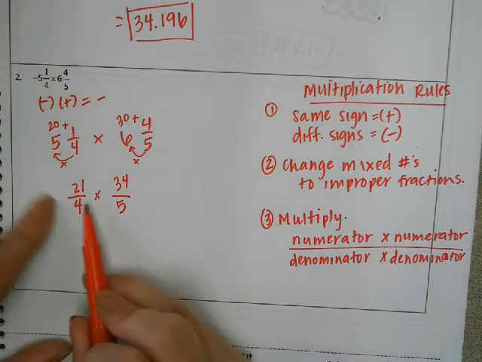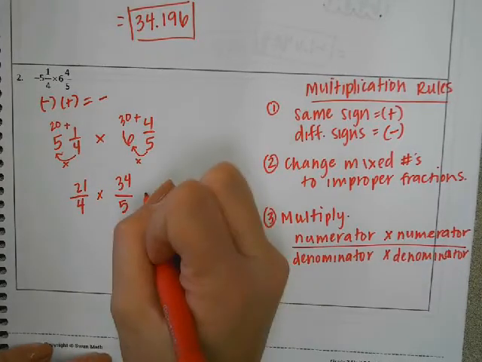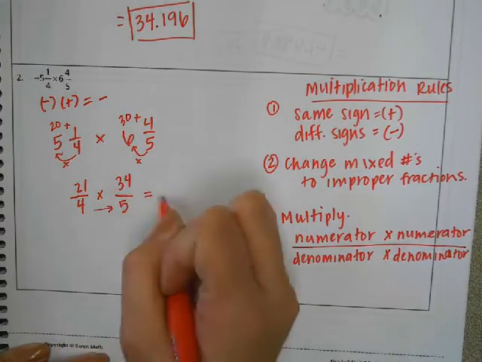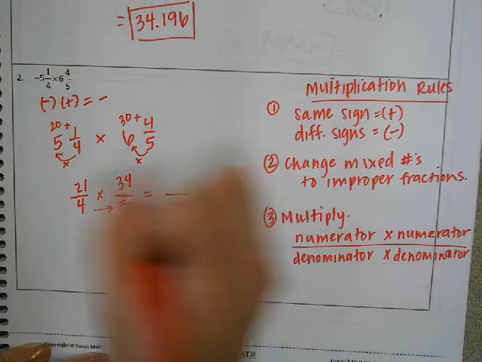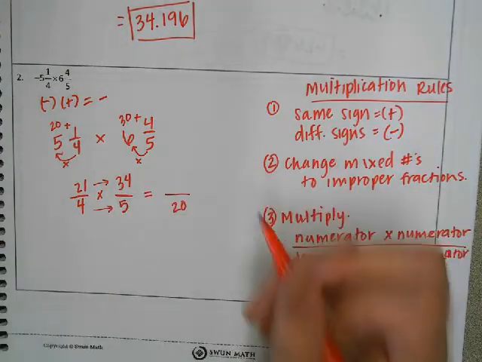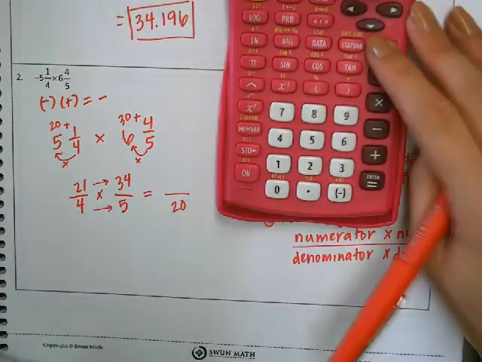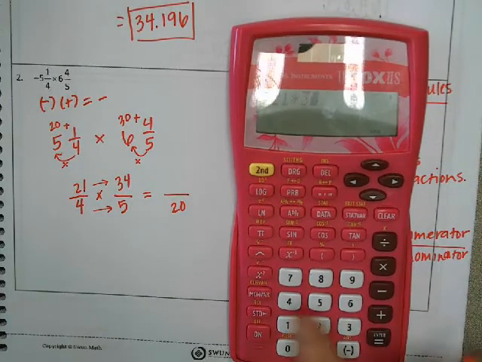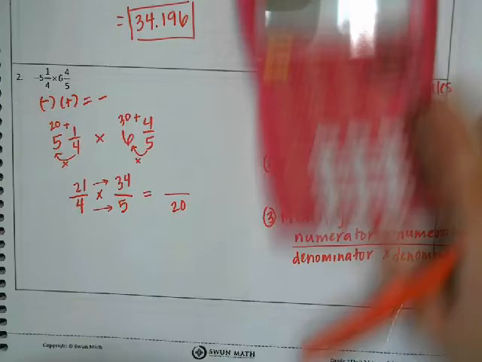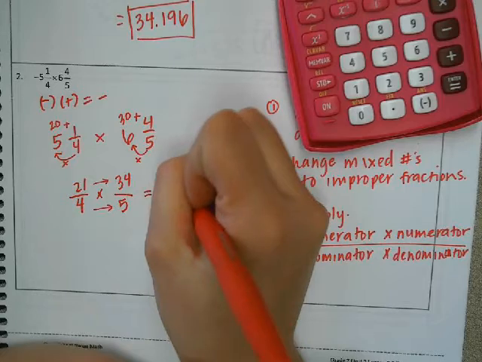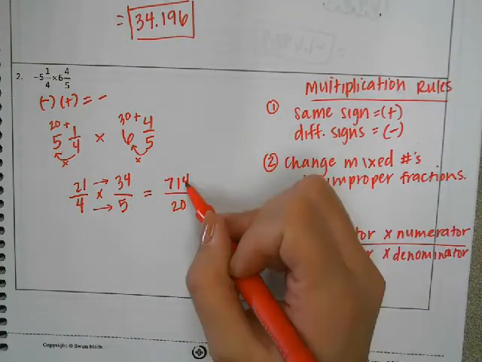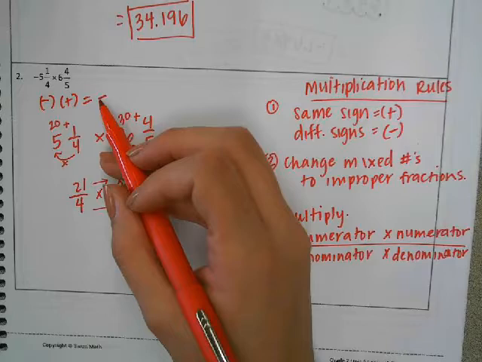Okay, so we're going to just multiply straight across. So this is going to become 4 times 5, which is 20. And 21 times 34, I don't know that off the top of my head, so using a calculator, 21 times 34 is 714. Okay, we can leave our answer in this form, but don't forget your sign.